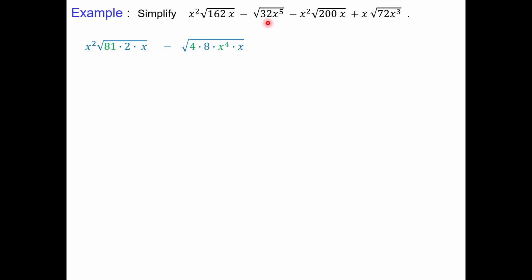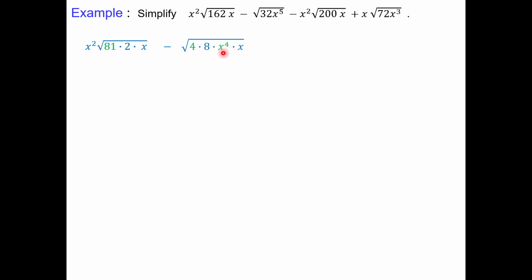Okay, the next radicand, 32, let's say I didn't recognize that 32 had a 16 in it. That would have been the best choice, but let's just say I thought 32 should be broken down as 4 times 8. Okay, we'll still work this out. Notice also that x to the 5th, I'm separating it as x to the 4th times another x. And there's a reason for that.